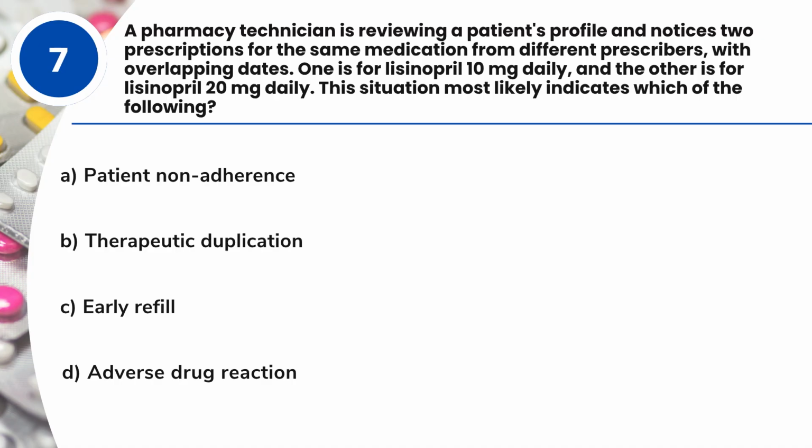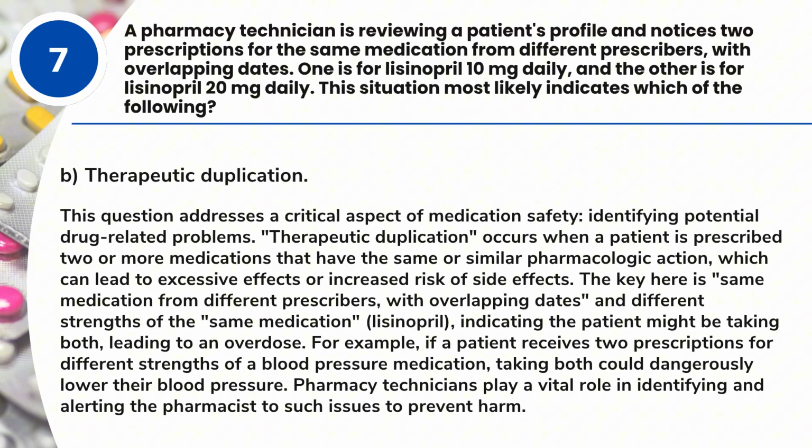Answer: B. Therapeutic duplication. This question addresses a critical aspect of medication safety, identifying potential drug-related problems. Therapeutic duplication occurs when a patient is prescribed 2 or more medications that have the same or similar pharmacologic action, which can lead to excessive effects or increased risk of side effects.